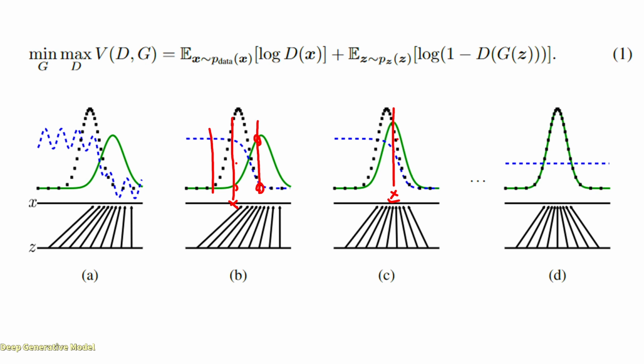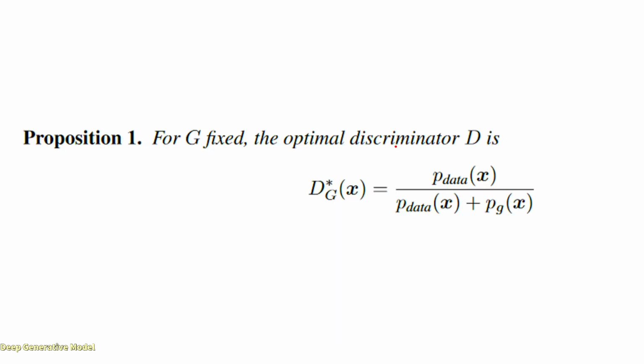So the best thing you can give is 0.5. In fact, if you do some calculation, you know that the optimal value the discriminator should return is the probability that the given x comes from the distribution of real images. So this one is exactly the value that I just mentioned.